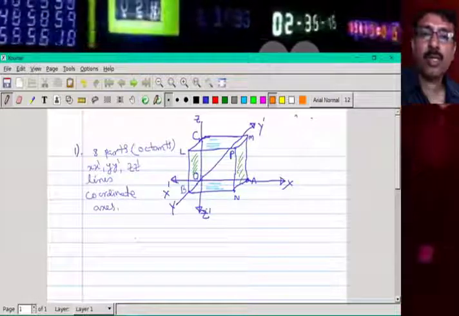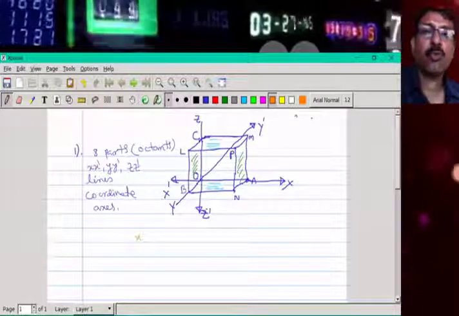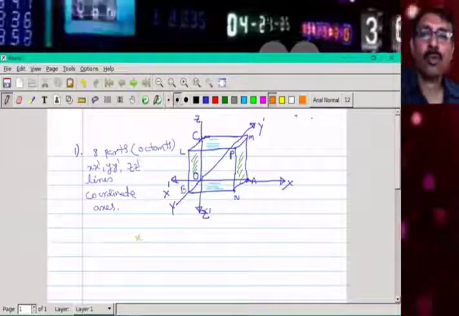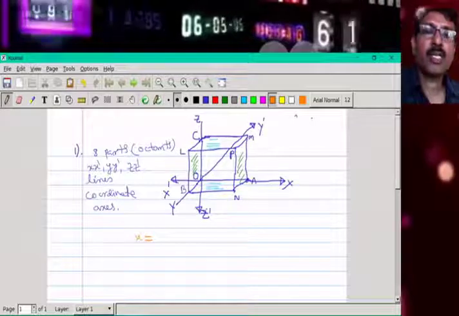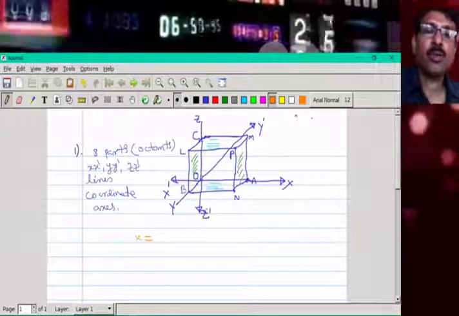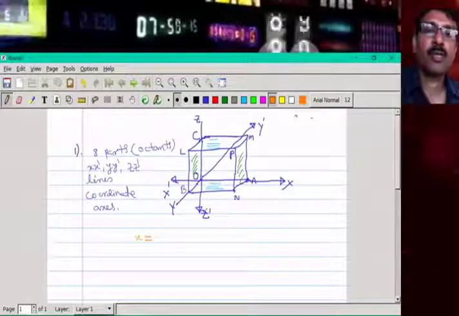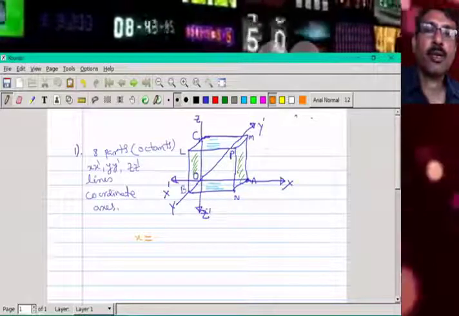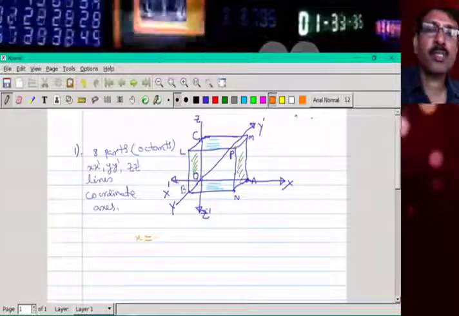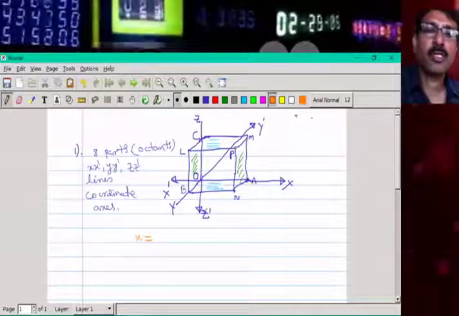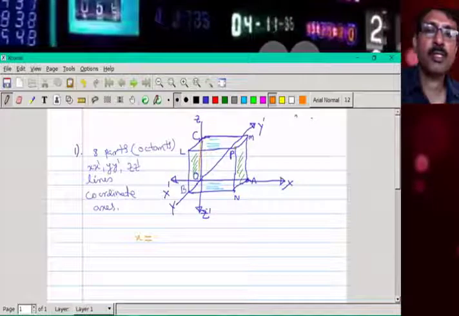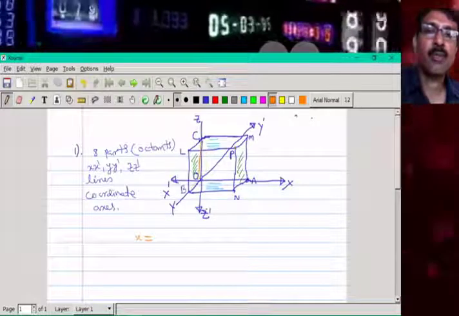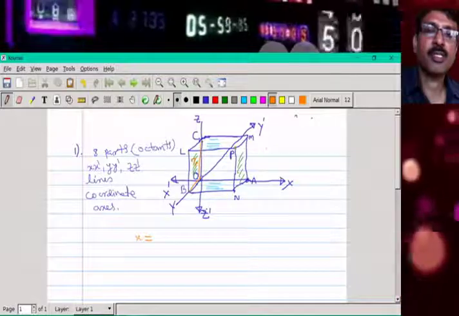The x coordinate: x is equal to the distance from P to the yz plane. Where is the yz plane? Here is the y axis and this is the z axis, and the plane is this.